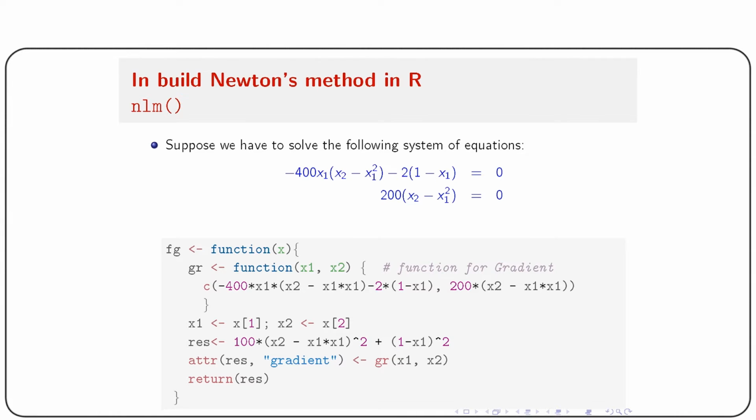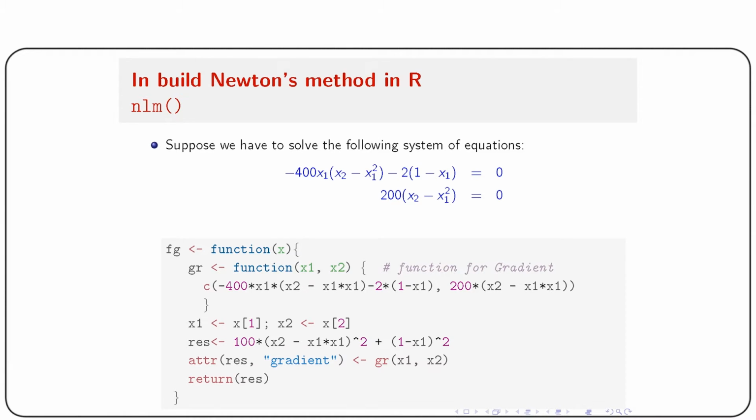That is the gradient function, within the fg function. Then x1 equals x[1], the first position of that array, and x2 is the second position of the array. Then res equals 100 times (x2 minus x1 squared) whole squared plus (1 minus x1) whole squared, and the attribute gradient of res is gr(x1, x2). So if you pass x1 and x2, you get the gradient value, and we attach the attribute in this manner and return res.